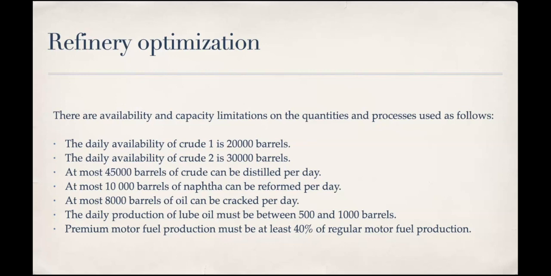The next constraint is the daily production of lube oil must be between 500 and 1,000 barrels. And premium motor fuel production, premium petrol, must be at least 40% of regular petrol.